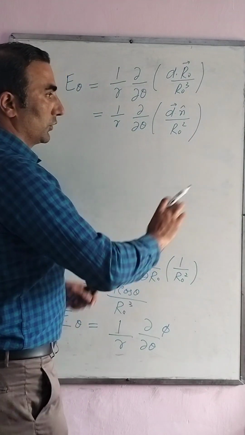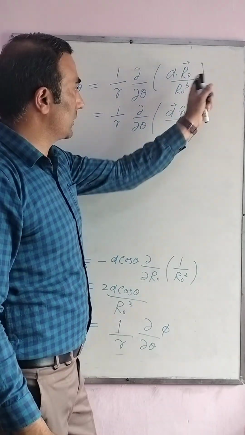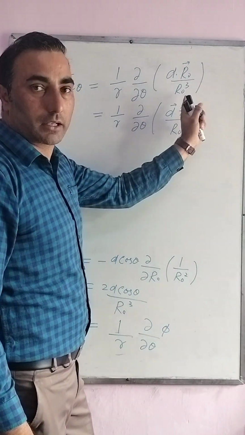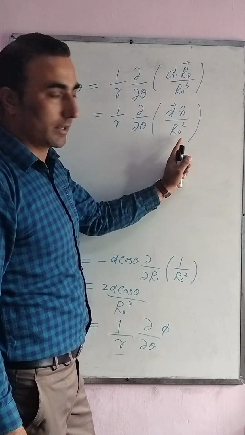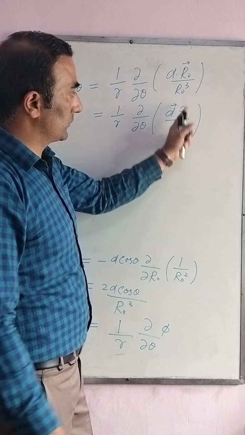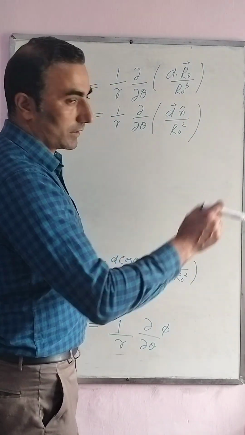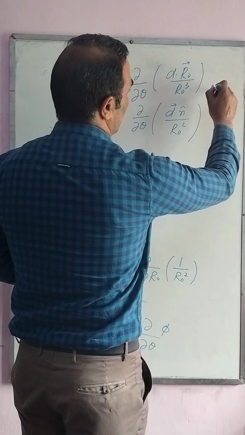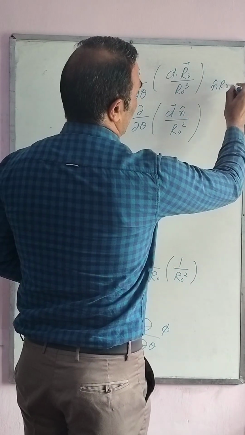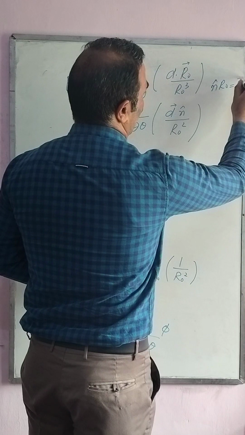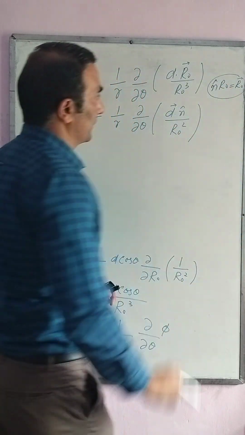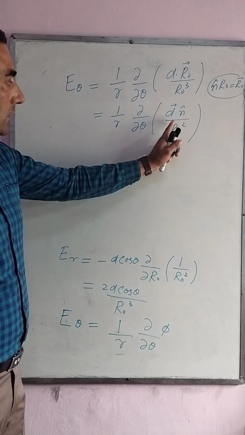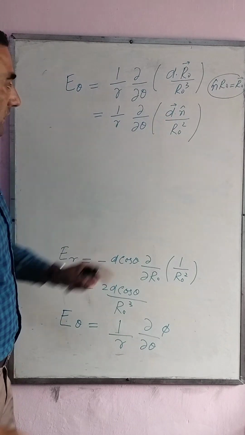Okay, because you can write this unit vector in terms of that and r naught, so r naught will cancel and it will be r naught squared here, and this will be d dot n. So d dot n we have already calculated, that is d cos theta, right?